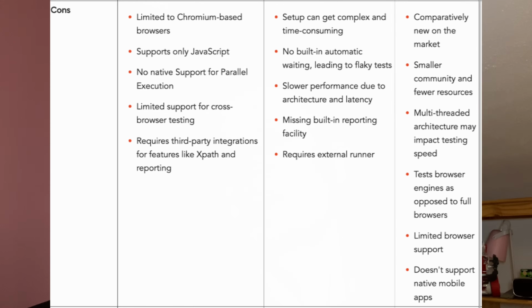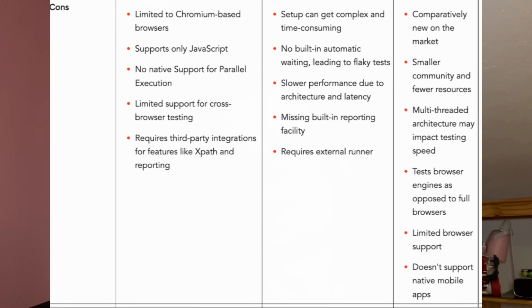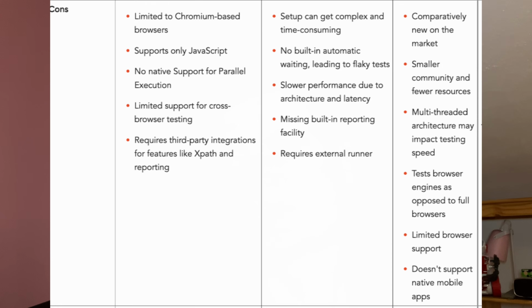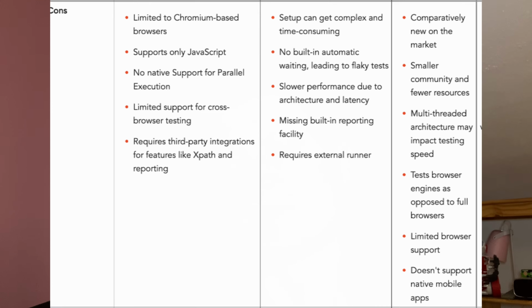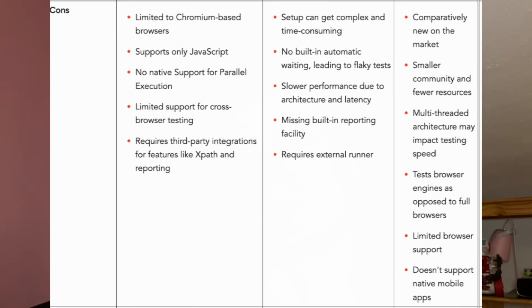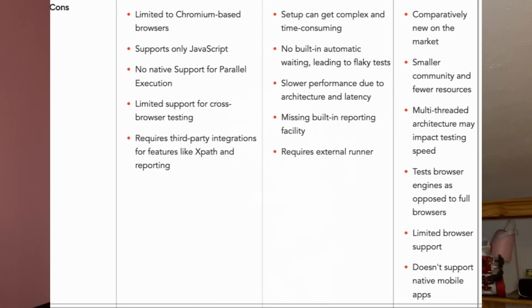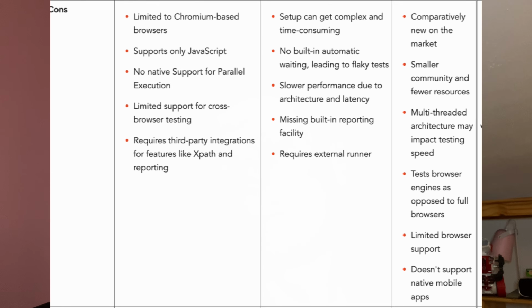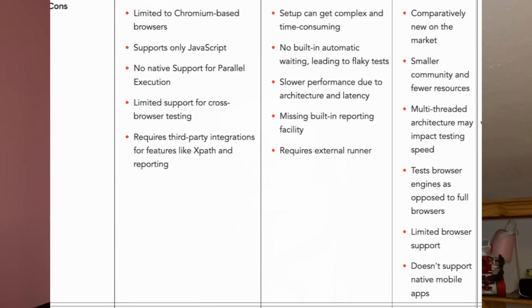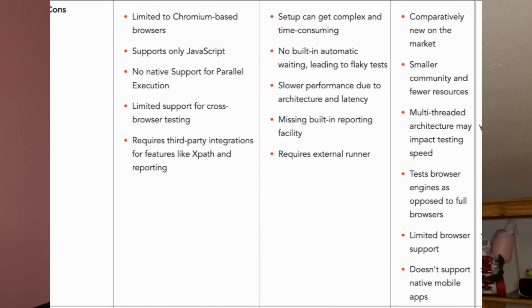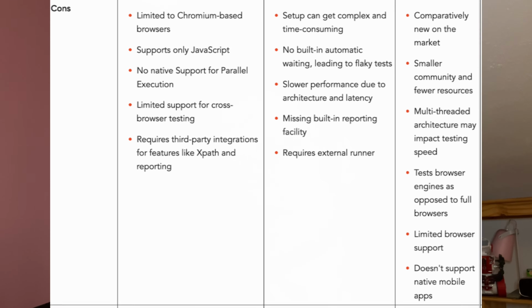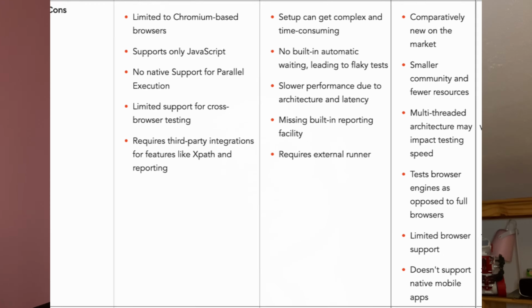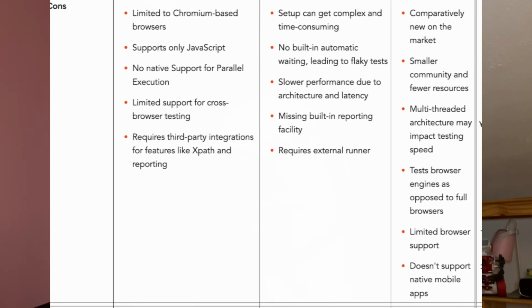Selenium cons: setup can get complex, no built-in automatic waiting, slower performance, missing built-in reporting facility, requires an external runner. Finally, Playwright: smaller community. Multi-thread architecture may impact testing speed. Tests browser engines as opposed to full browsers. Limited browser support. Does not support native mobile apps.